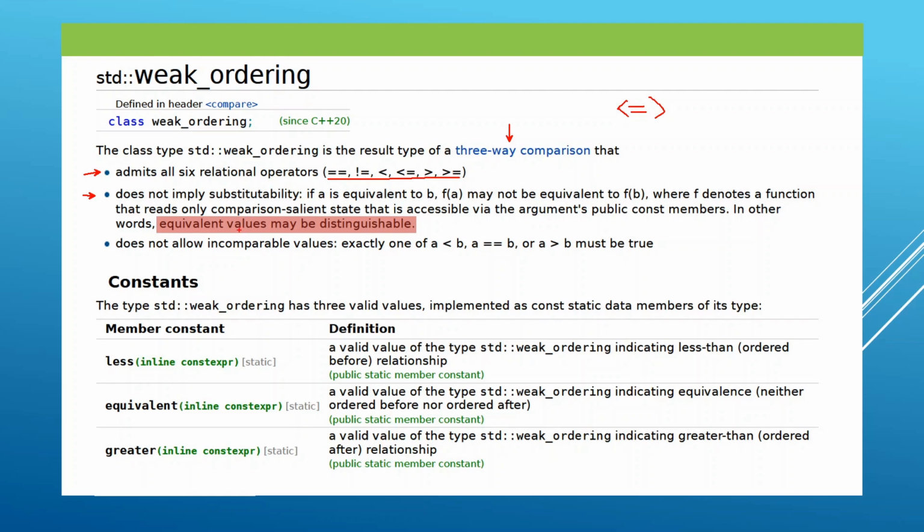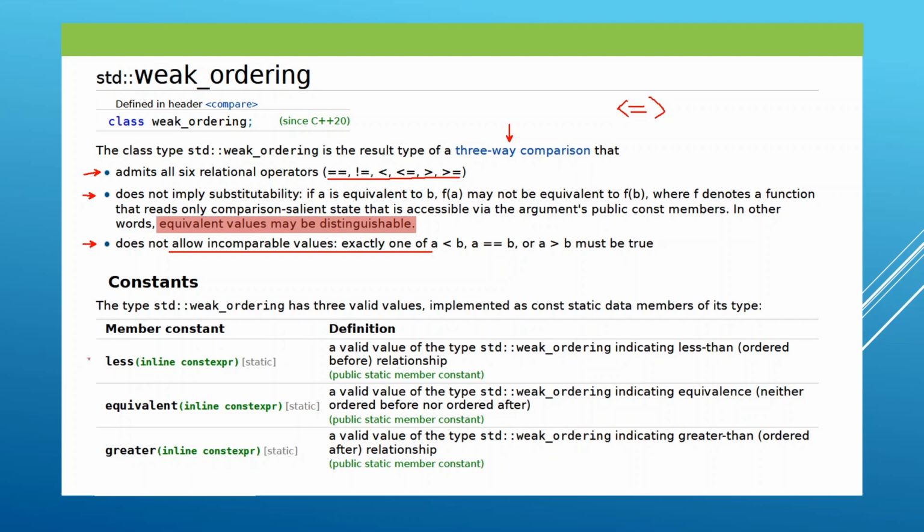And by equivalence, we say that two things can be equivalent, but not completely equal or not absolutely equal, as we saw for the strings. This also only supports comparable values, so you can't use this to compare things that may not be comparable. And I know, again, this is really confusing, but I am going to make this clear in the next few slides when we learn about partial ordering.